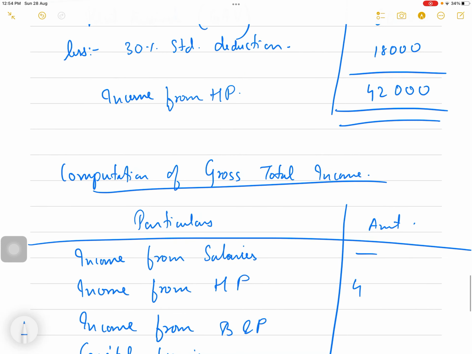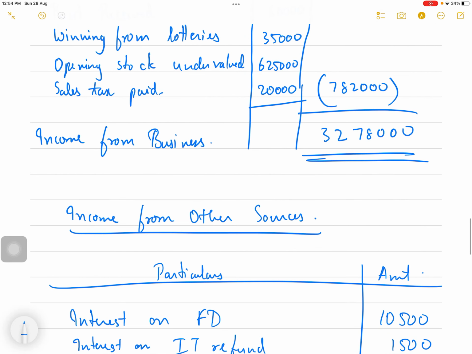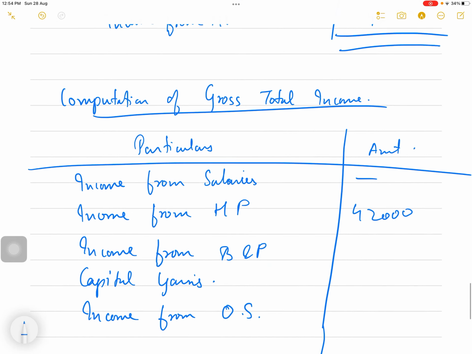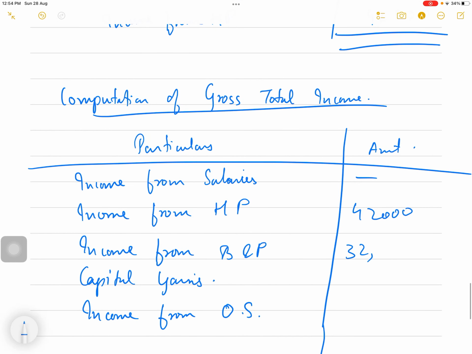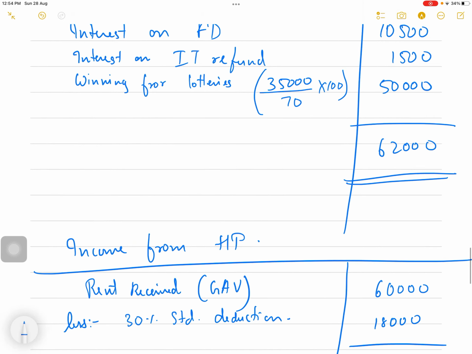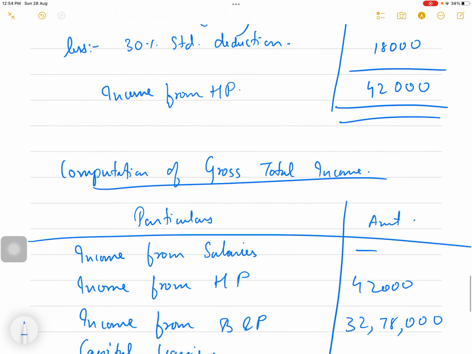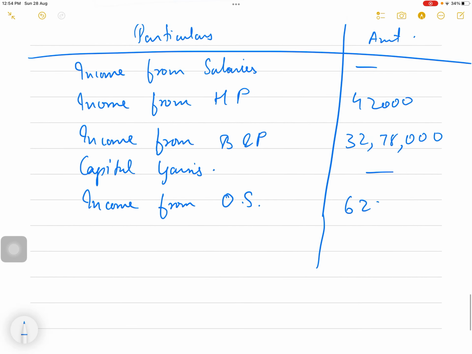Income from salaries is nil, income from house property is 42,000, income from business and profession we have calculated 32 lakh 78,000. Capital gains not there, and income from other sources 62,000.